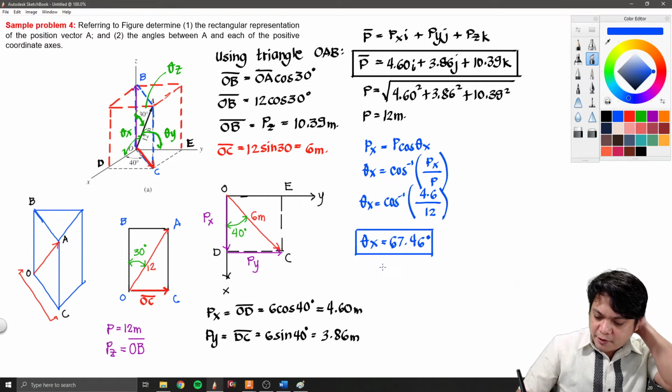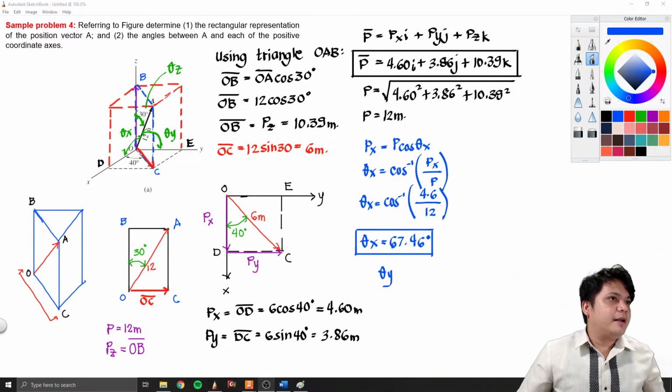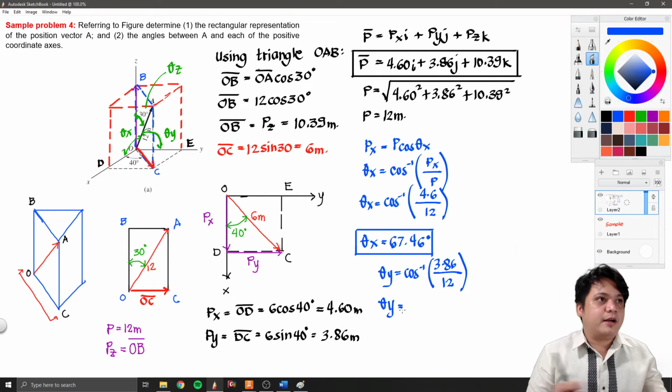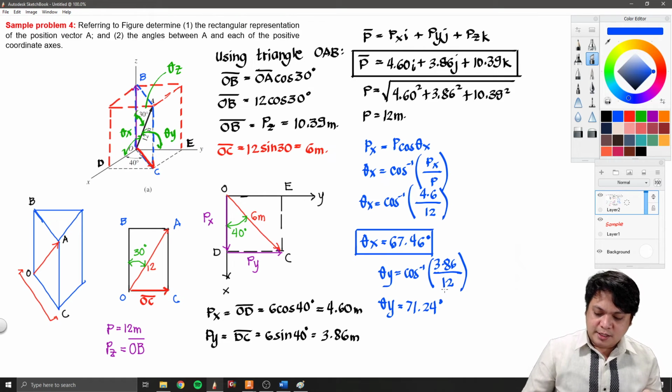So, again, we have here theta y. So, we will be having theta y equals to cosine negative 1. So, we have 3.86 all over 12. And you will be having here theta y, so, cosine 3.86. So, that is 71.24 degrees.